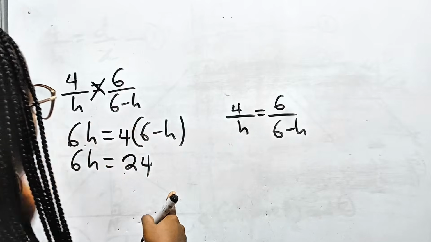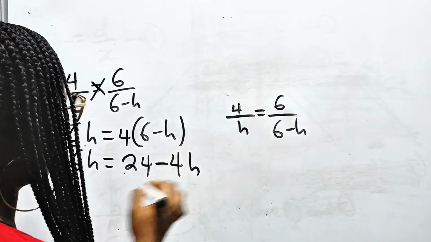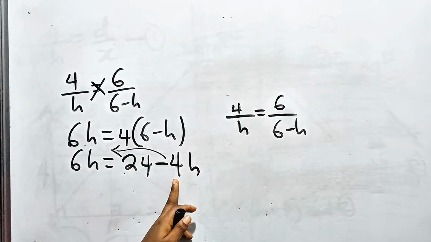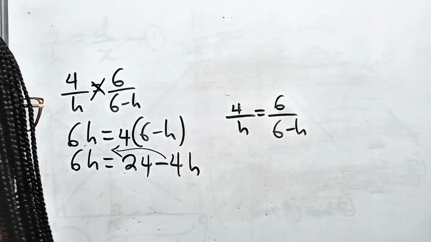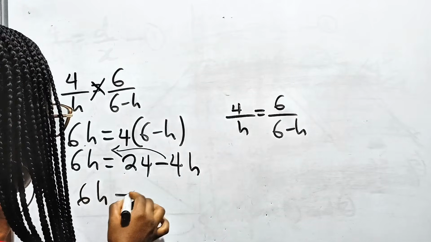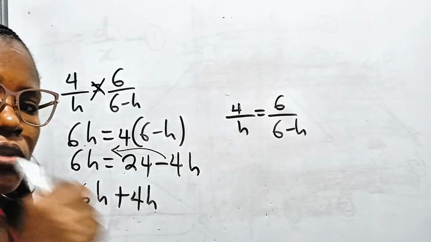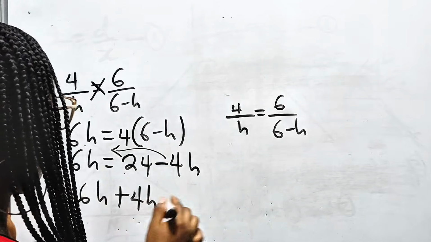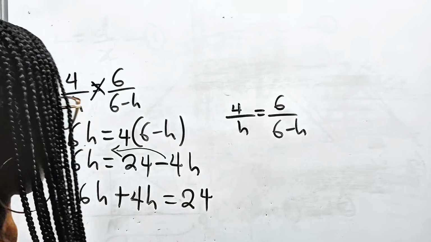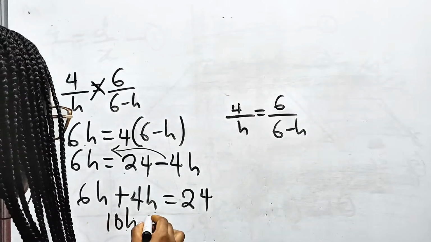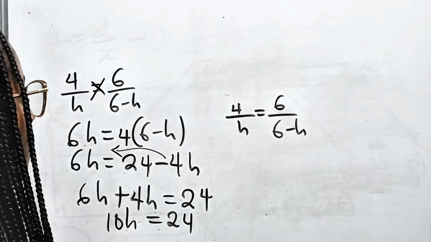And 4 times minus h is minus 4h. If I should bring this to the other side, that is grouping like terms, I will have 6h plus 4h, because if it crosses the equation sign, it becomes positive, right? Plus 4h is equal to 24. Now 6h plus 4h is 10h is equal to 24.